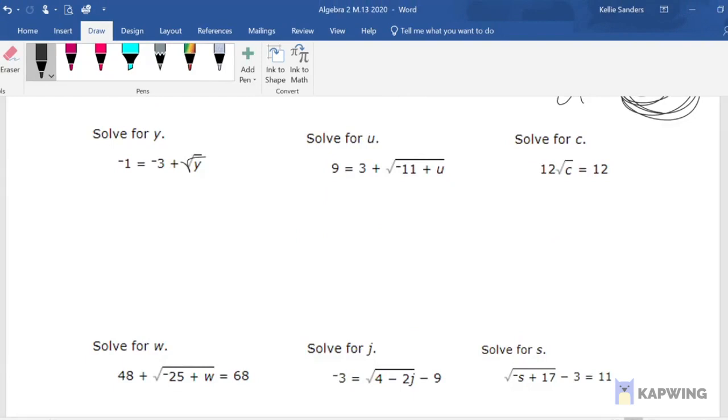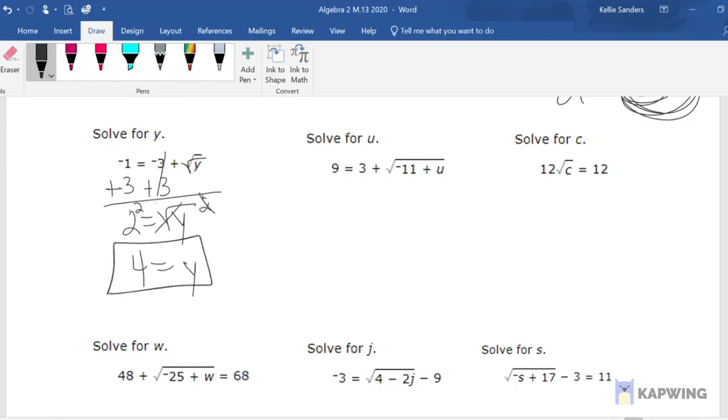You want Y by itself, so the first thing you're going to do is get rid of the 3. It's a negative, so we're going to make it positive. Now we want the square root to go away, so I square both sides. 2 squared is 4. The square root of square is gone, so Y is 4.